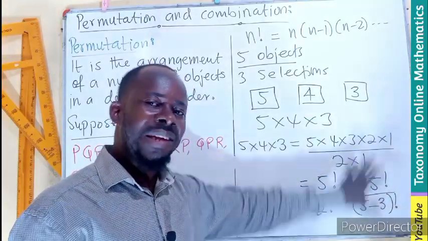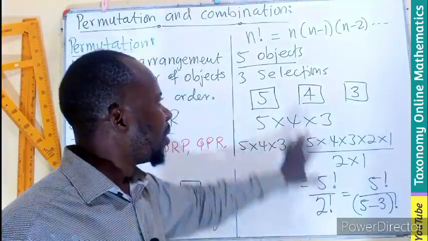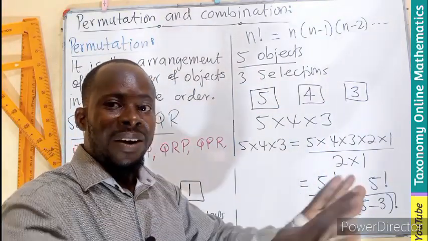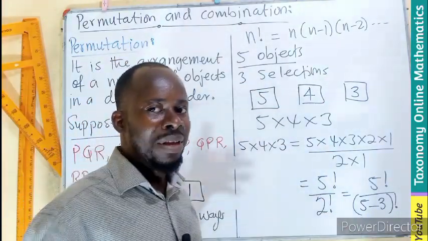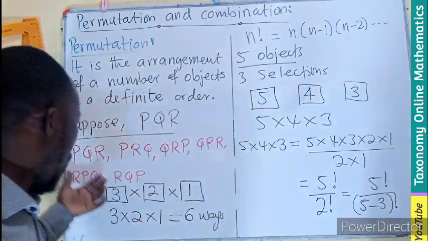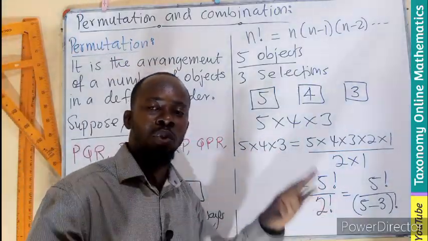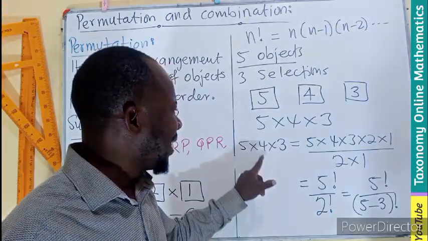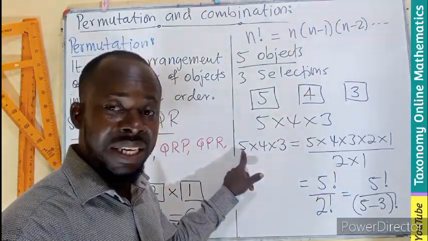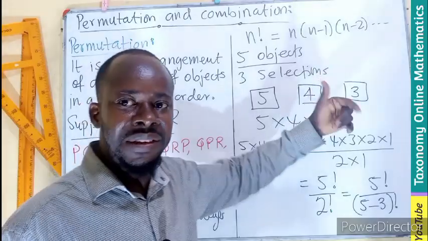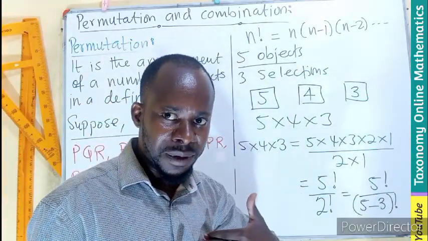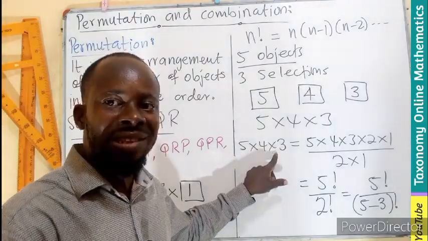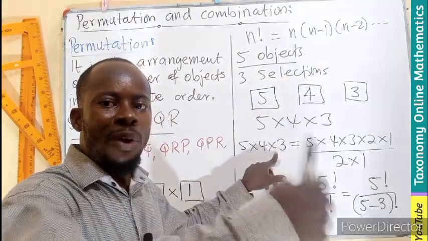So by general selection, if we are dealing with permutation, we are narrowing down to a generalized way by which permutation can be performed, so that we will not be going through all these arrangements step by step. We go through a direct formula. All right. Now, if we take the 5 to be n different objects to be selected, then the 3 I'm looking for is the r ways by which that could be selected.